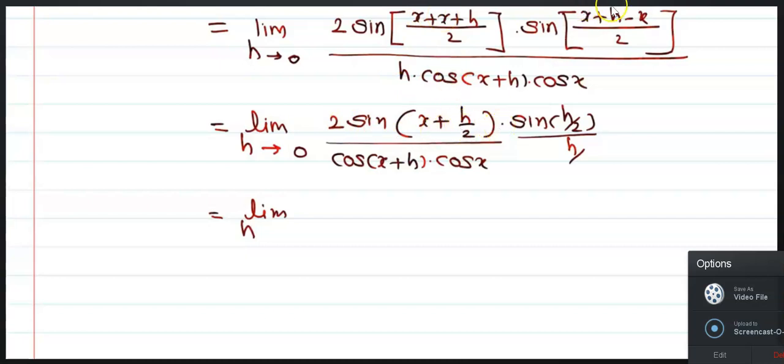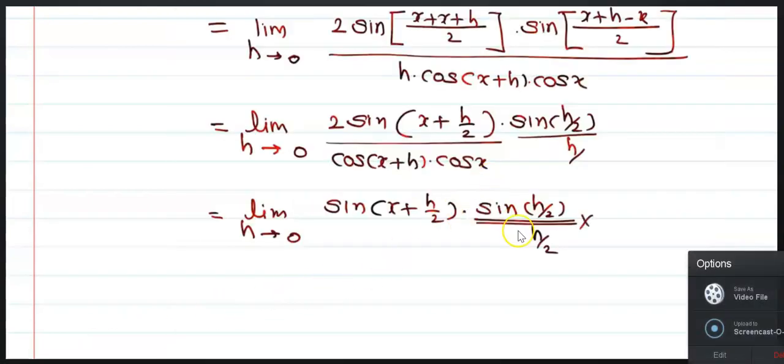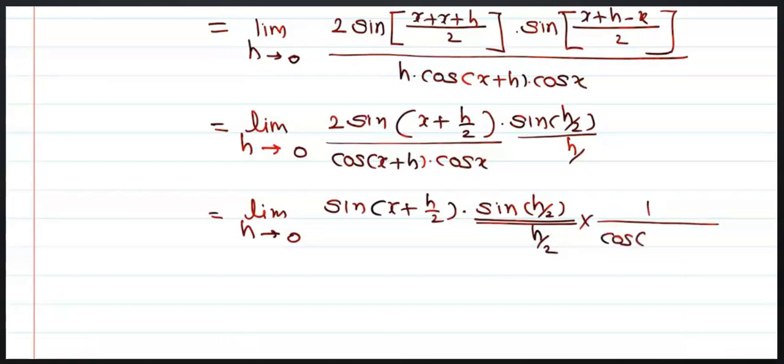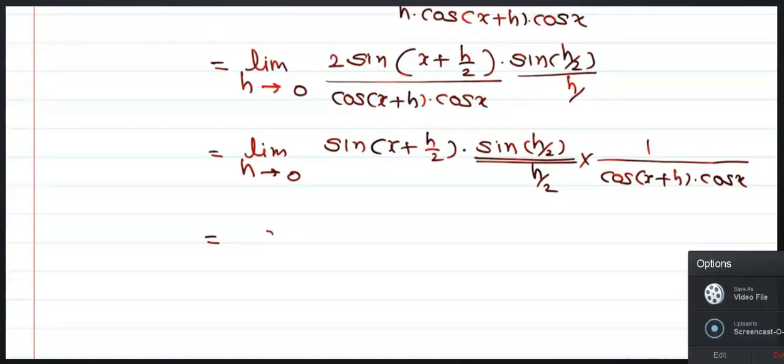Sine of h upon 2 upon this h, and cos of x plus h into cos x. Therefore, in simplification, that is sine of h upon 2. This 2 is adjusted here into 1 upon cos of x plus h into cos x, and simplify this.